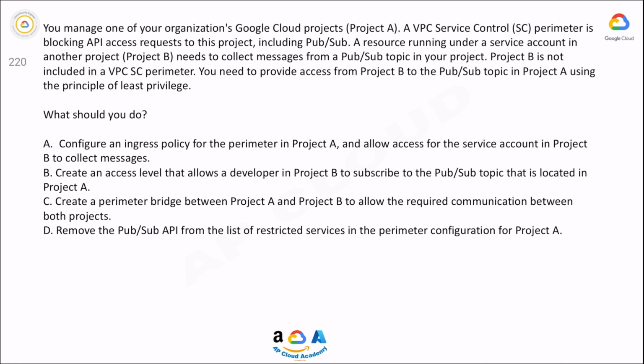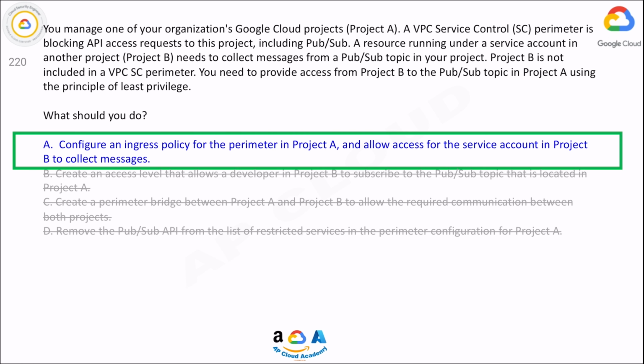D. Remove the Pub/Sub API from the list of restricted services in the perimeter configuration for Project A. The correct answer is A. Configure an ingress policy for the perimeter in Project A and allow access for the service account in Project B to collect messages.